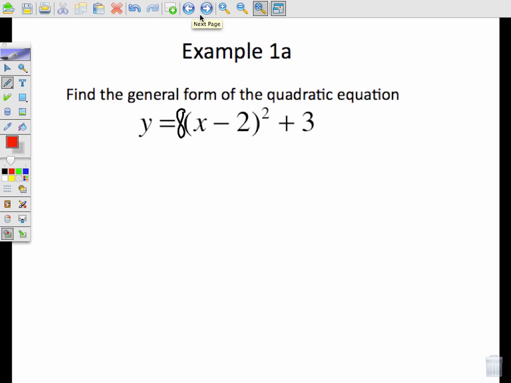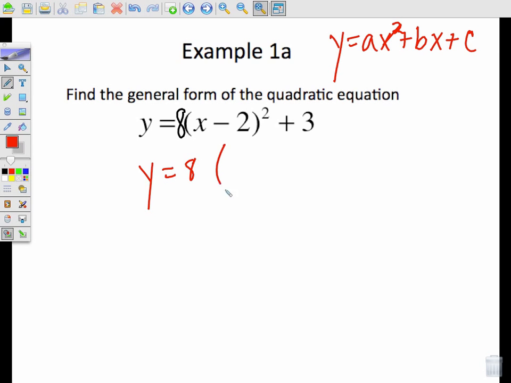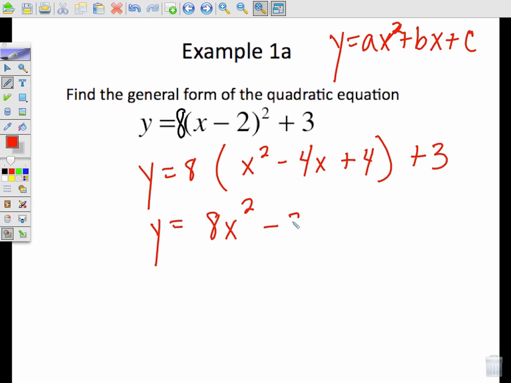Let's take this same equation and find the general form of the quadratic equation. Well, general form is this: y equals ax squared plus bx plus c. So what they're wanting me to do here is FOIL, distribute, and add like terms. So we can do that. I'm going to FOIL the x minus 2 squared: x squared minus 4x. You have to double your middle term, plus 4, and then plus 3.